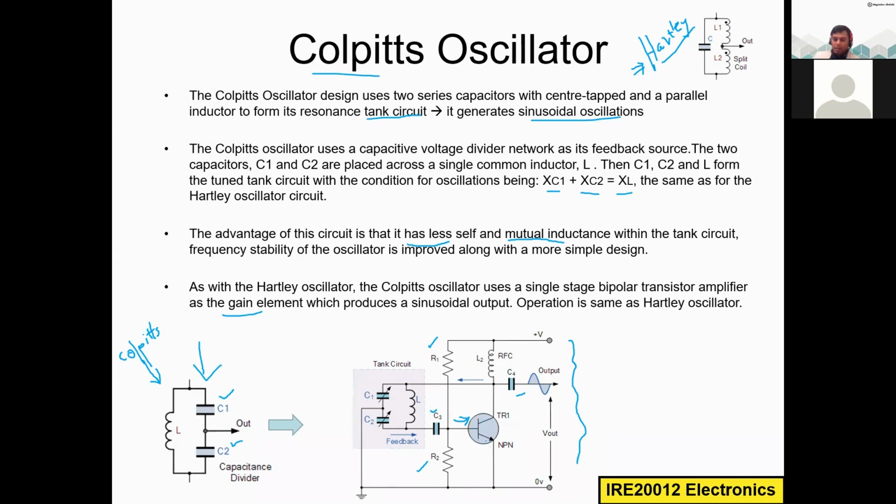Based on that, the voltage level at the collector will be different. Here we take the output, and we have the DC blocking capacitor, which we can also call a coupling capacitor.